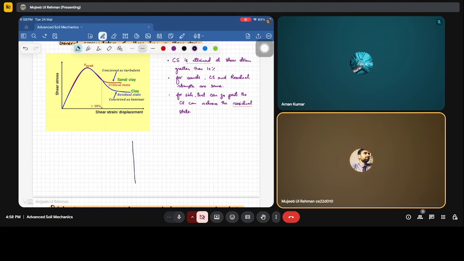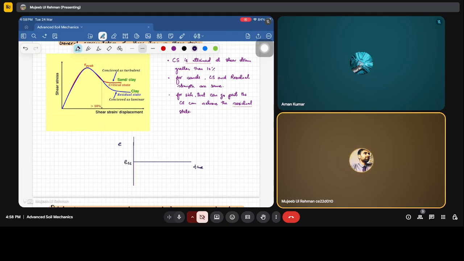For example, this is e versus time. If you consider the loose specimen and you are shearing it, what will happen if it is e critical state?